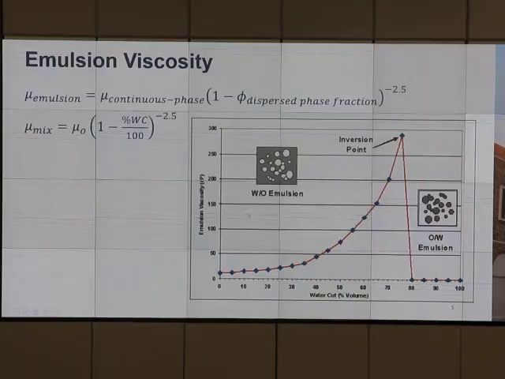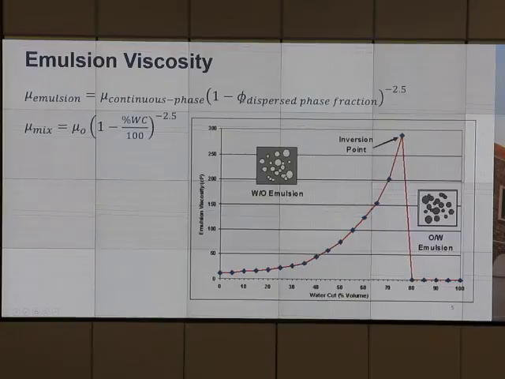Let's say we're on the left side of the graph. We have water in oil. So we have the continuous phase viscosity, which is the oil viscosity, multiplied by (1 minus the volume fraction of the dispersed phase, or volume fraction of water). Let's say we have 30% water.